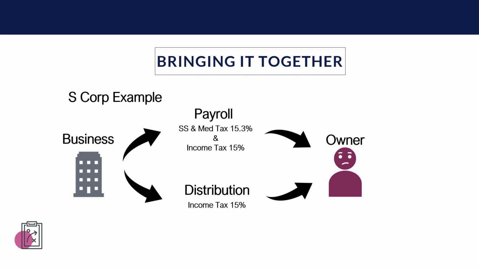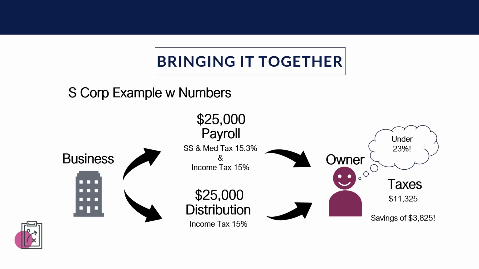So in effect, we avoided paying that extra self-employment tax on half of our income. How significant is that? Let's look at the numbers again. With the same total compensation of $50,000, we end up with a total tax bill of $11,325. That's almost $4,000 in savings. That is significant.